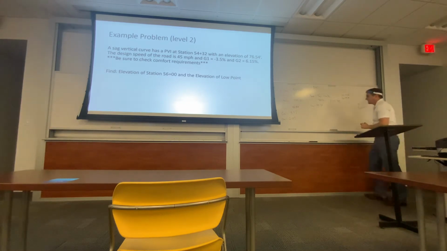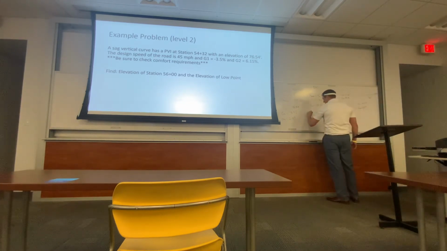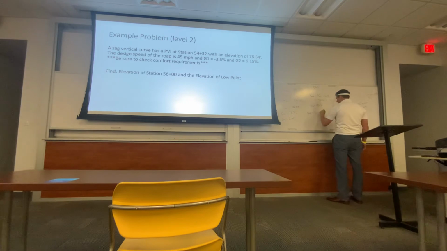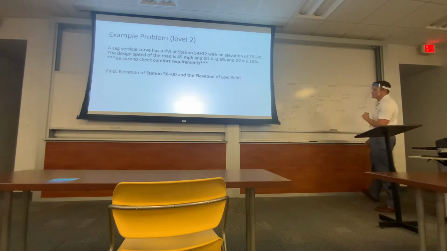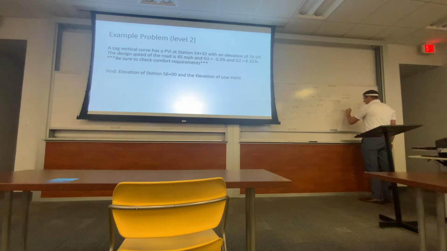Okay. And then YPVT equals Y PVI plus G2 L over 2 equals 76.54 plus 0.0615 times 820 over 2.